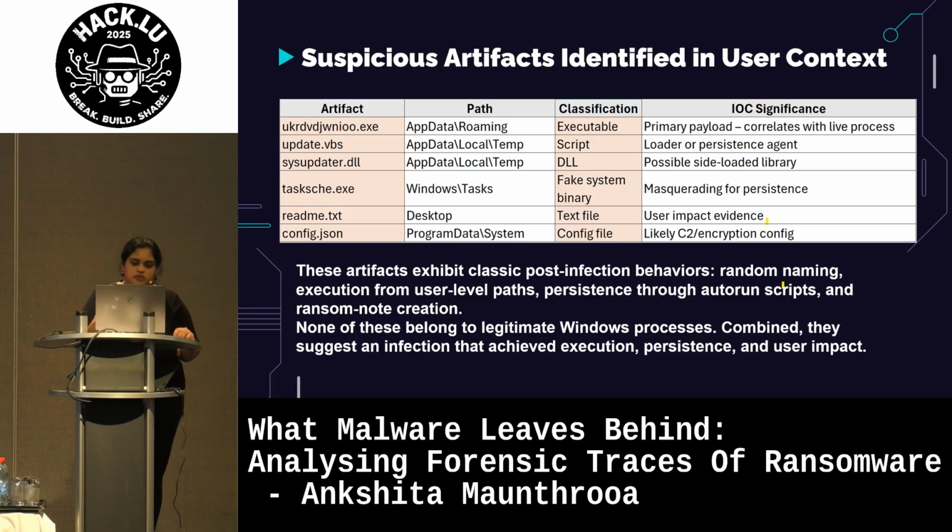And the ransom note, and apart from that, finally, the encryption configuration. So all of these artifacts exhibit classic post-infection behavior. You have the random naming, you have the execution from user-level paths, and combined, they suggest an infection that achieved execution, persistence, and user impact.